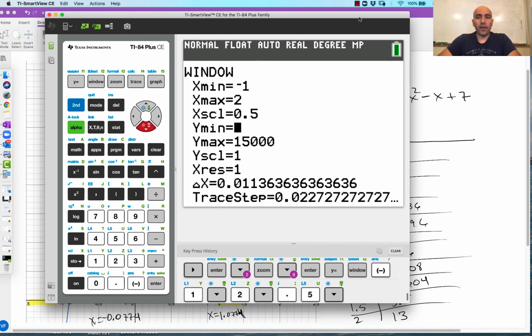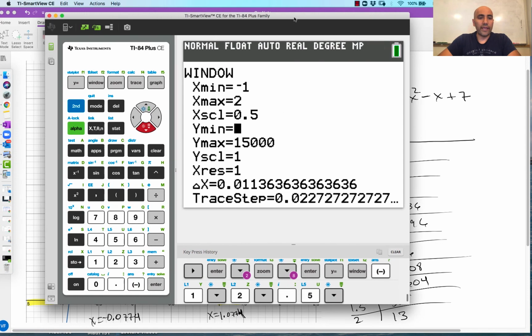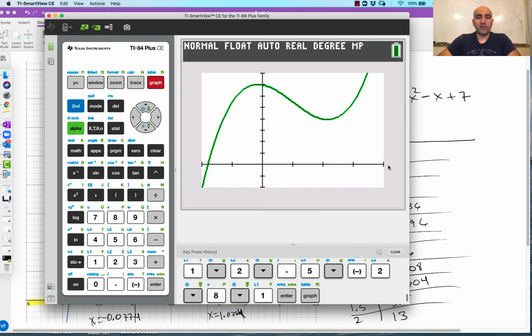And then the y's, again looking at our table, looks like maybe -2 all the way up to a little bit past 7. How about 8? So -2 to 8 seems to be a good choice. Again, let's go by multiples of 1 this time. Enter. And now hit graph. And there's our graph. Good.